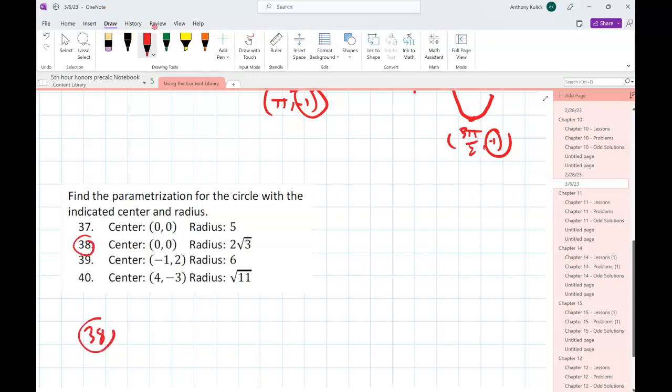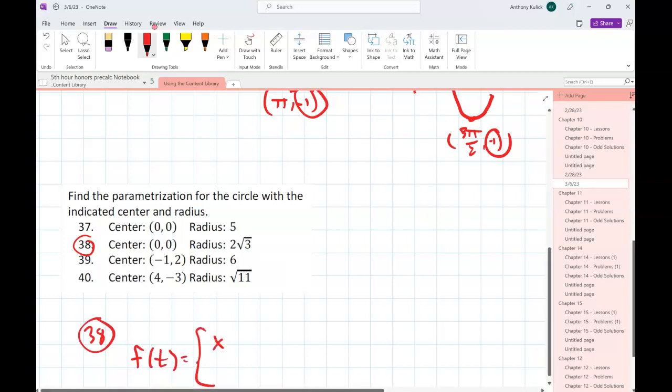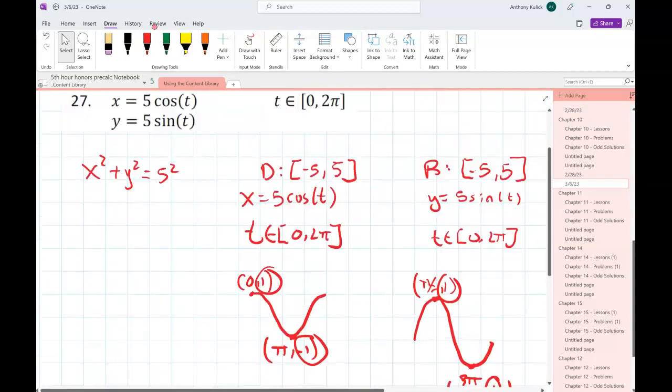So here we're looking for the parameterization. So we want our f of t function. Okay. So let's go back and just look at this previous problem right here.